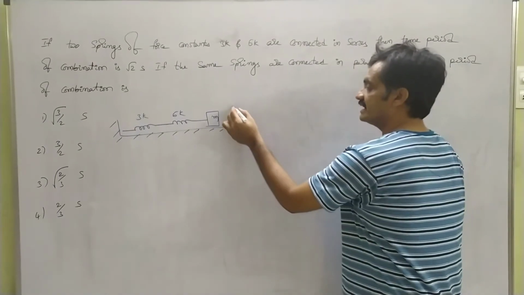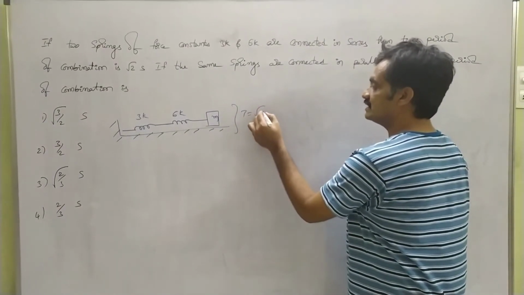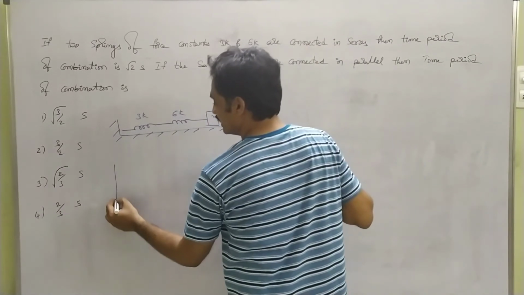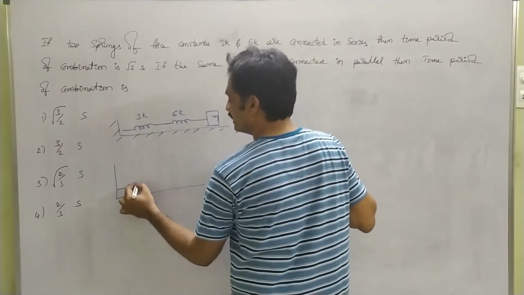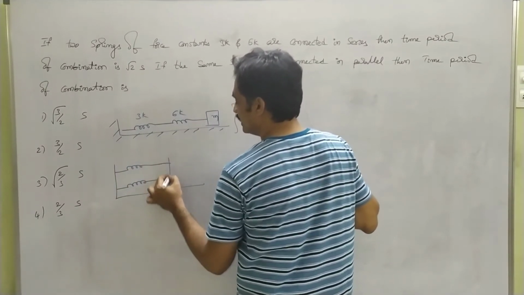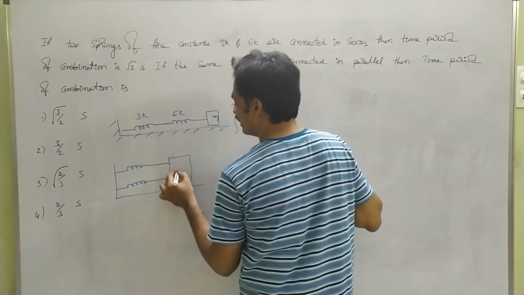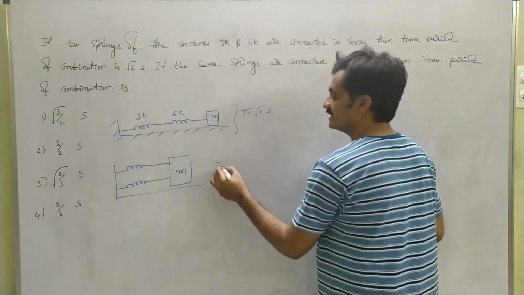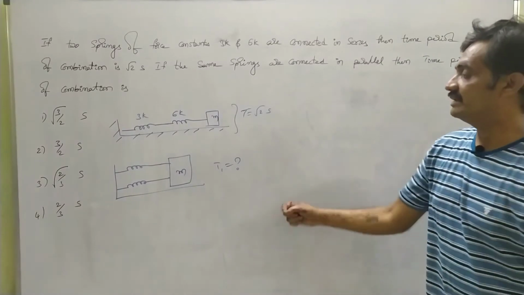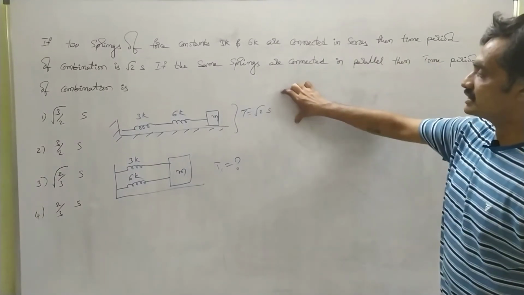Then the time period in this case is T equals root 2 seconds. When these two springs are connected in parallel to the same body of mass m, we have to find the time period. So first we have to find the force constant.